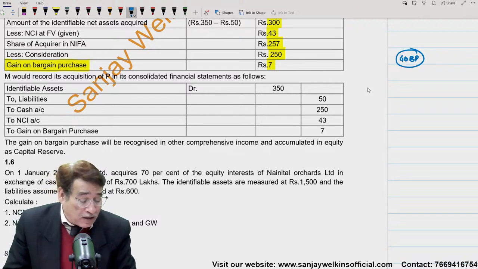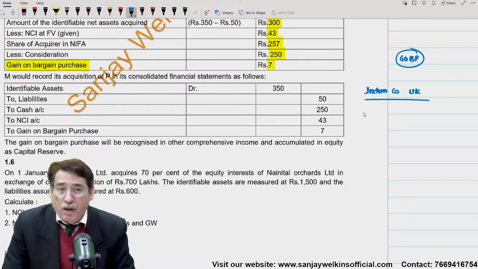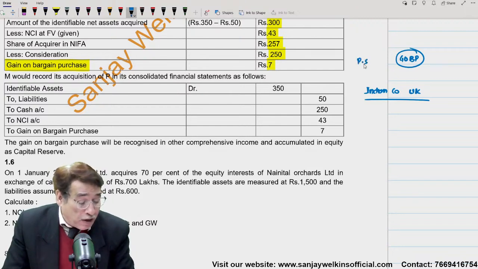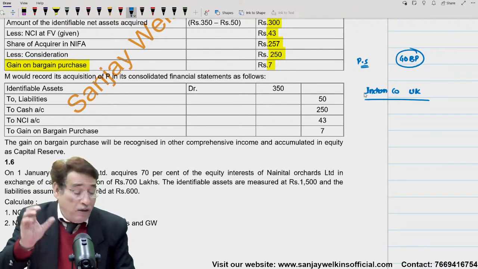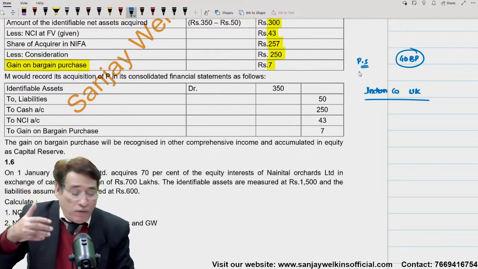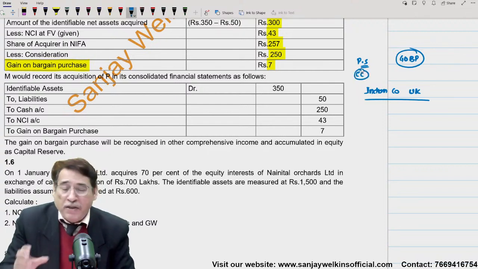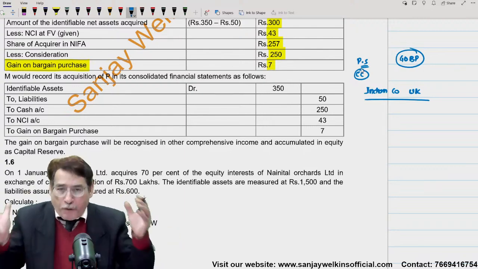For example, let us say there is an Indian company operating in UK. Are you getting my point or not? Let us say because of some political situation or turmoil in UK, their competition commission has decided... Competition commission basically is a commission which governs the affairs of the corporate sector.